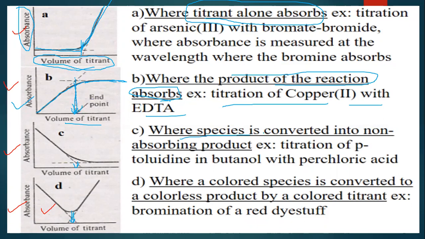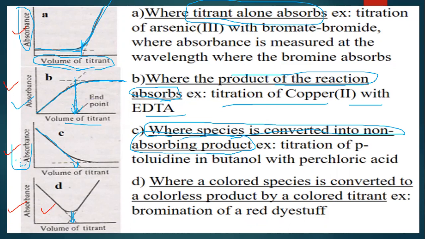Here in this case, the species is converted into a non-absorbing product. Non-absorbing product. Okay, means the analyte which is taken in your conical flask or the beaker is a light absorbing species.